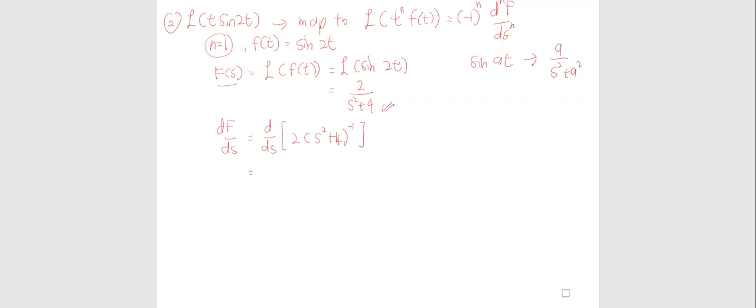You differentiate, and you get 2 times -1 (s² + 4)^(-2). The derivative of the inner part is 2s, so you will get -4s over (s² + 4)². So this is your dF over ds.